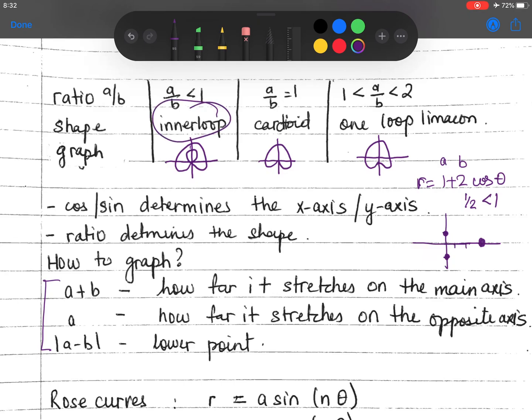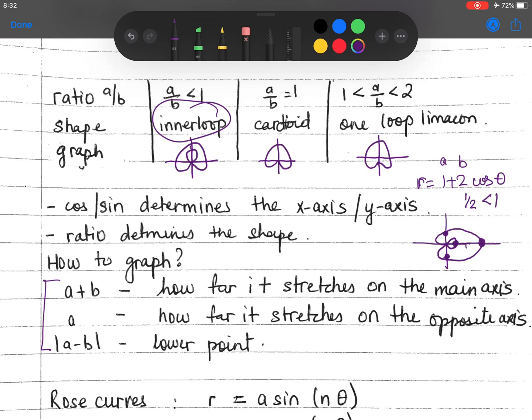So it's going to be looking something like this. It's going to be on the inside, because it says inner loop, so that is where that A minus B point will go. I'm just going to sketch it. They're a little hard, but once you get the hang of it, they're not that bad. So that's what it'll look like.